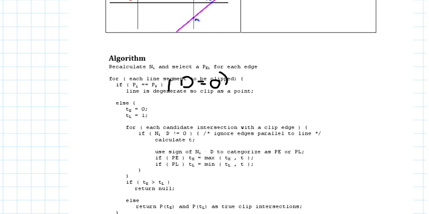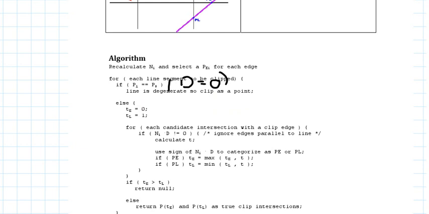So clip as a point, else you have to declare TE equals 0, TL equals 1. That means you are initializing your parameter T.